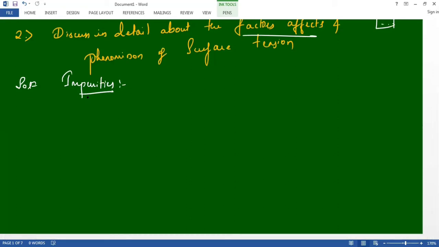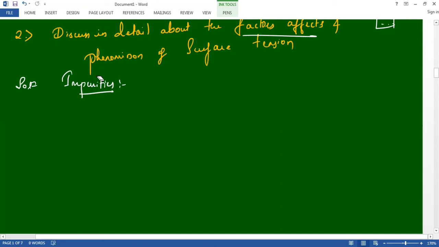A highly soluble substance like salt increases surface tension, whereas a sparingly soluble substance like soap or detergent decreases the surface tension.